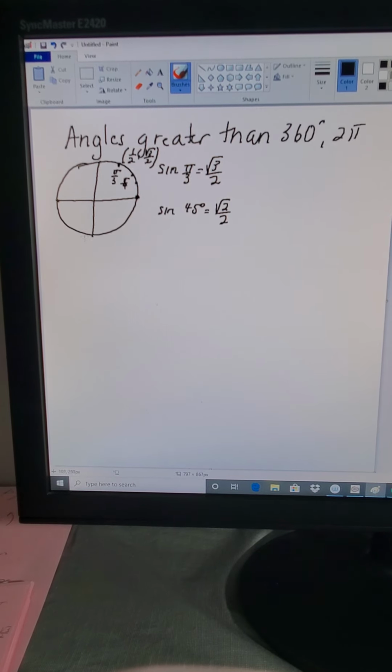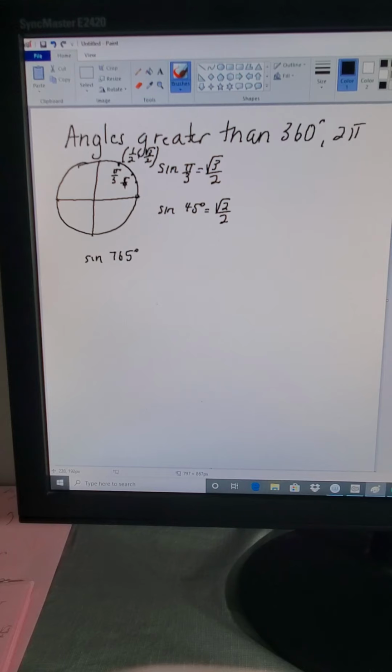But the question that someone had asked me: what about the sine of 765 degrees? Basically, regardless of the size of the angle, you would just be turning around the unit circle. So after 360, you would still get the same values.